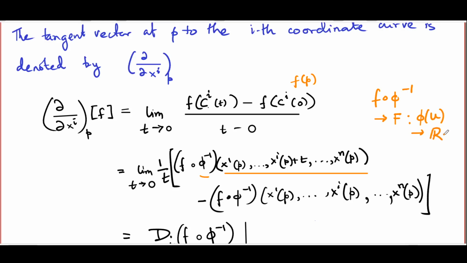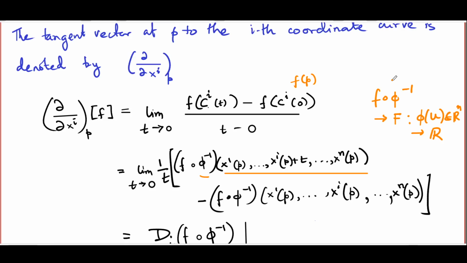So this is a map on which ordinary calculus can be used. Remember, phi of u is an open subset of Rn. So we have a function from Rn to R, or rather an open subset of Rn to R, which is amenable to doing calculus. And that is why we had used this proxy function earlier to decide on the differentiability class of small f.